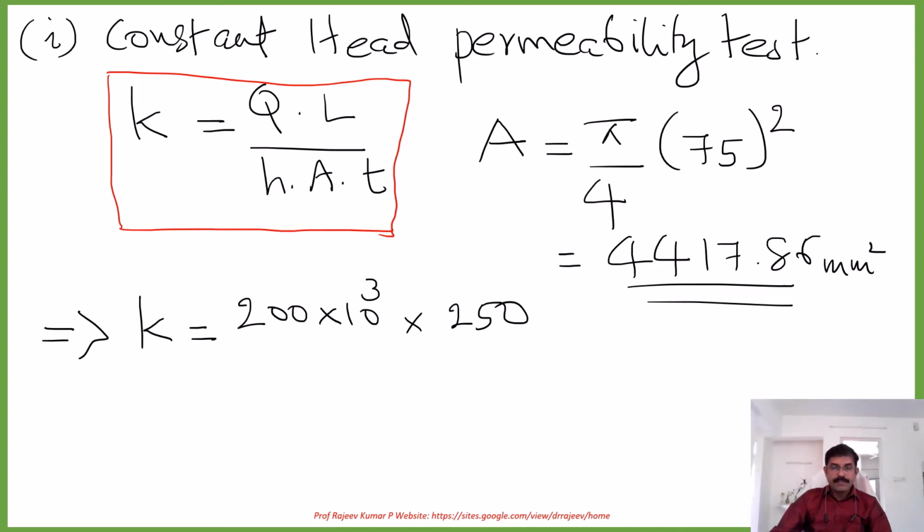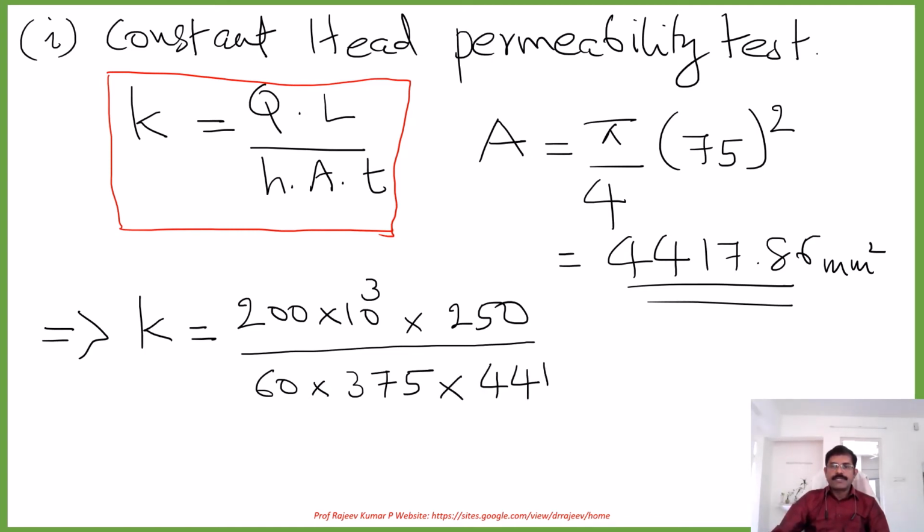Here you can substitute and convert the units. You will directly get 60 seconds as the time. 375 is the head difference, that is 375 mm, and we have already calculated capital A, that is 4417.86.